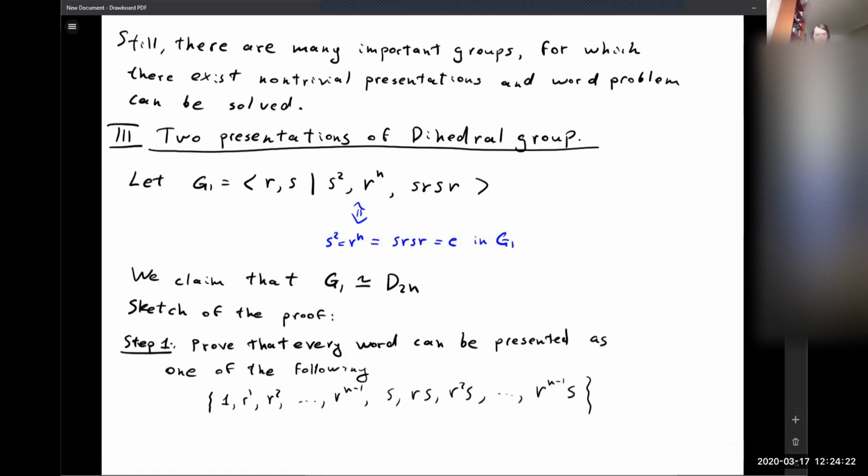So using these relations, which are in blue now, you can show that you can bring all words to the following form.